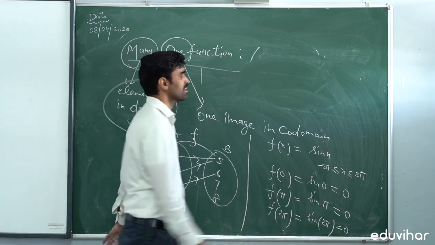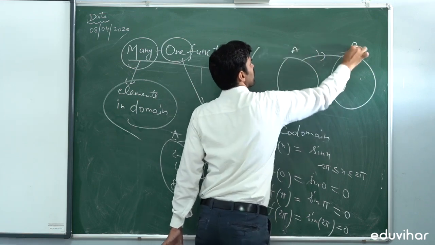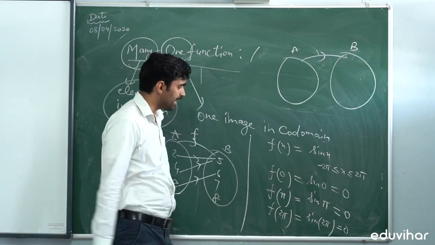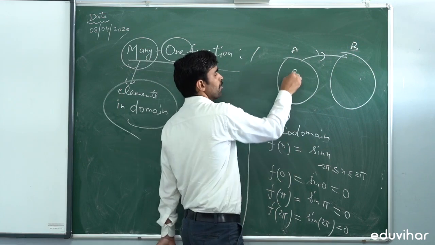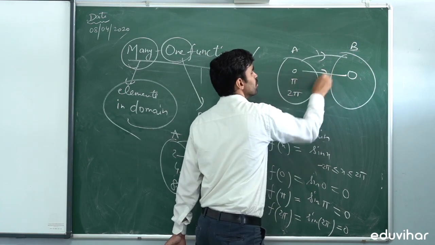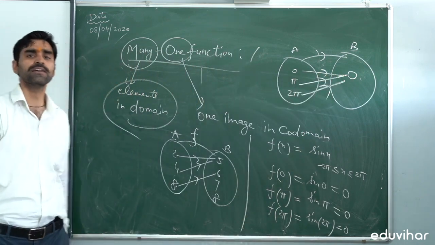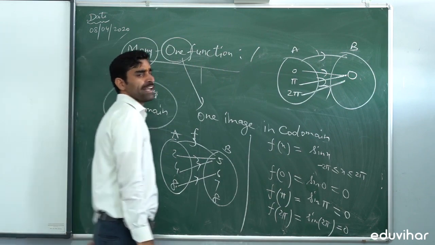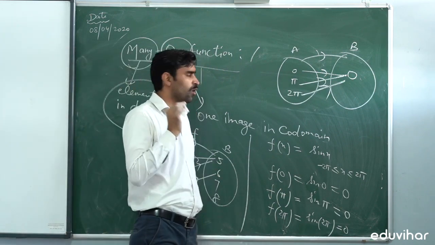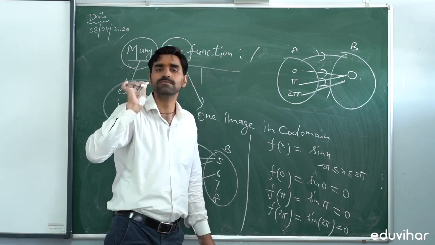So in this way we can say many elements of domain, that is 0, pi, 2 pi have the same image 0 in the codomain. So this type of function is also a many one function. In this way, we can say all trigonometric functions are many one functions.